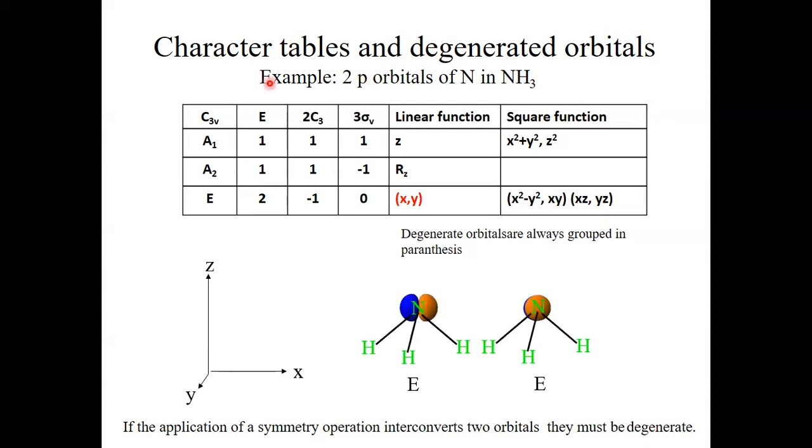Okay. Let's draw again here our coordinate system, x to the right, z to the top, and y to the front. Then according to that, the px orbital would point to the right, and the py orbital would point to the front. So naturally, there would be a 90-degree angle between these orbitals.